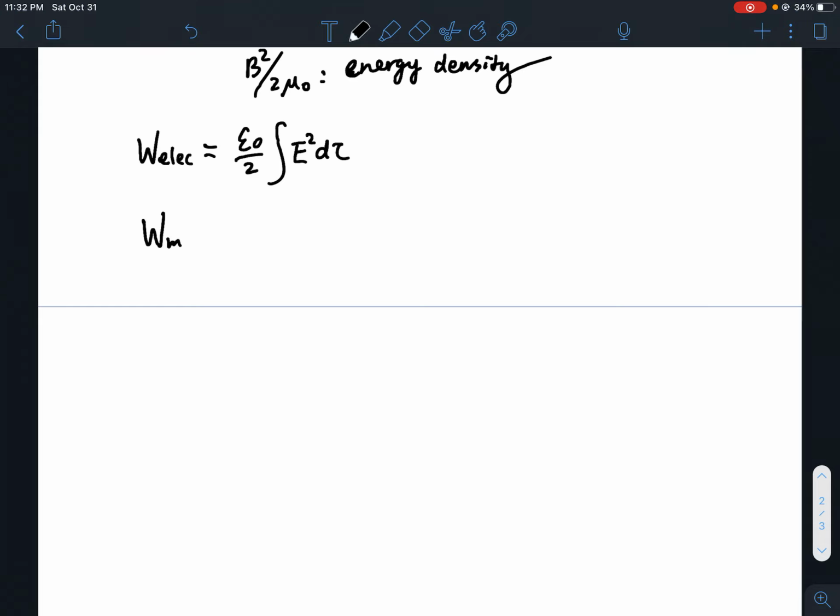And here you can see that for the magnetic field, the energy stored is 1 over 2 mu 0 times the integral of B squared d tau, with a density that is B squared divided by 2 mu 0. So you can see that they are very similar to each other.